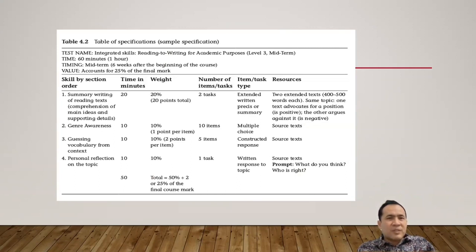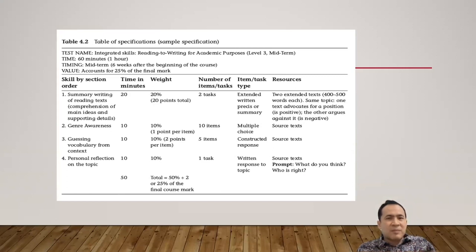And then times, and then weight. Weight is how many percent you want to give per aspect in this case. So this will tell you what kinds of focus you will see in this test or in this assessment. And number of items, so you have items here, and then task type.